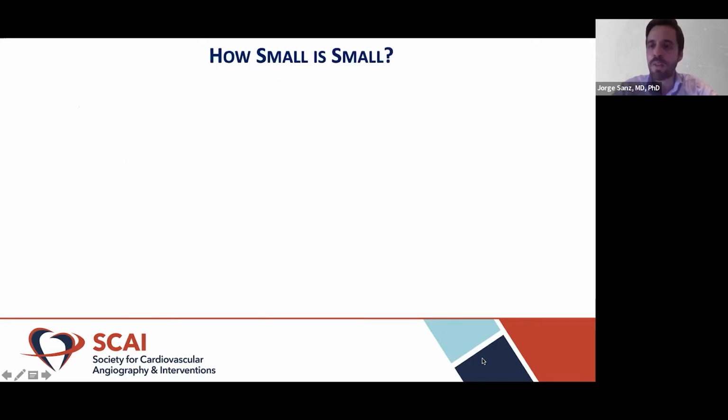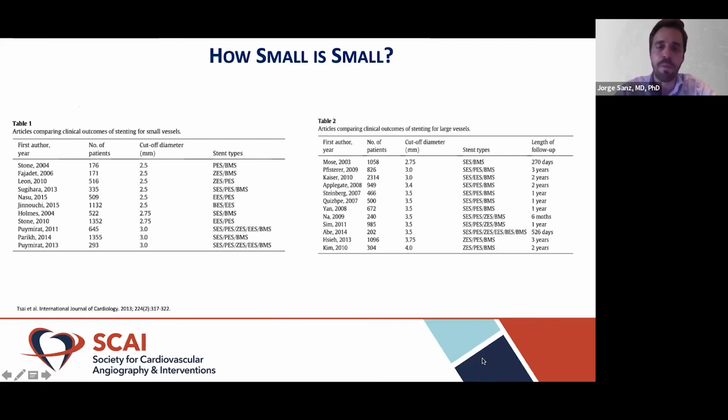So, when having a look at the literature, the problem that we face is how do we define a small vessel? And this is very heterogeneous in the published trials. We can see in the table on the left, these are the trials evaluating patients undergoing PCI for small vessels. The cutoff diameter to define a small vessel includes patients with vessels less than 2.75 and vessels less than 3.0.